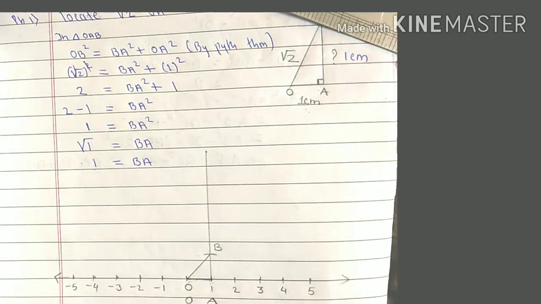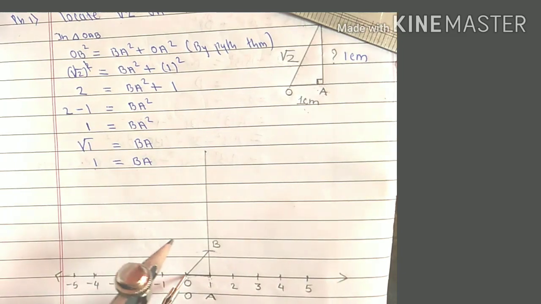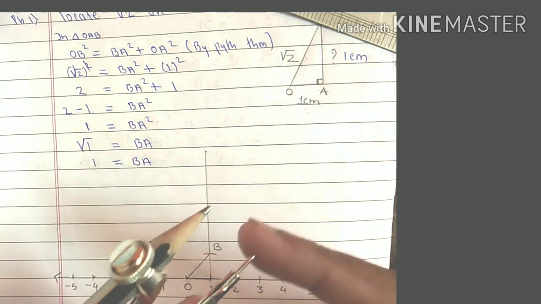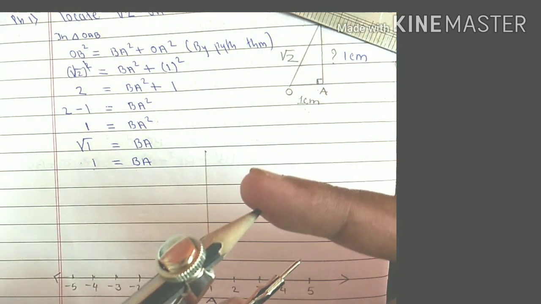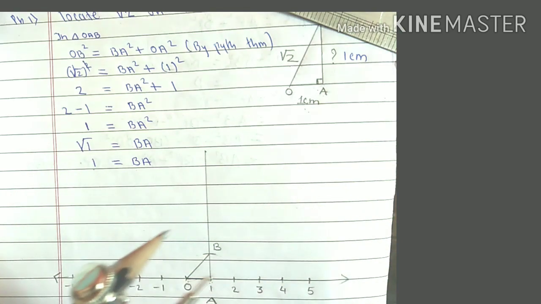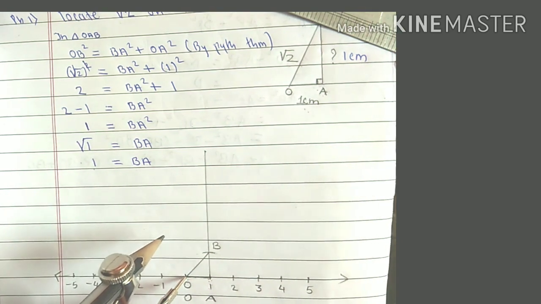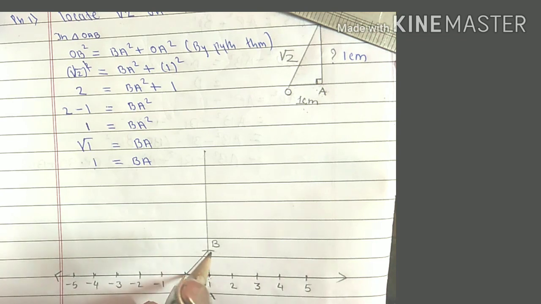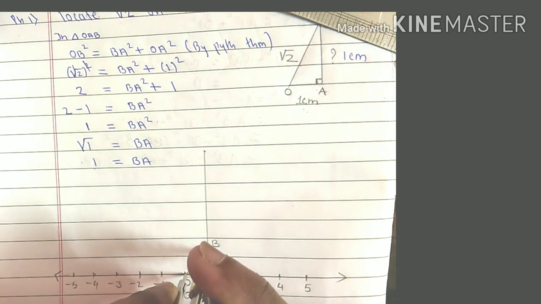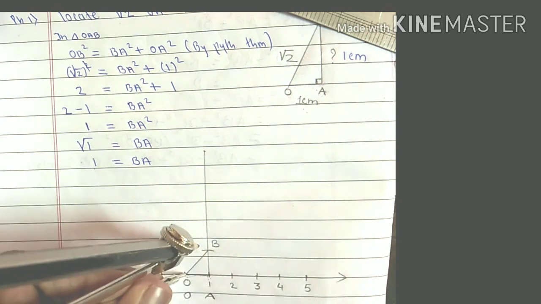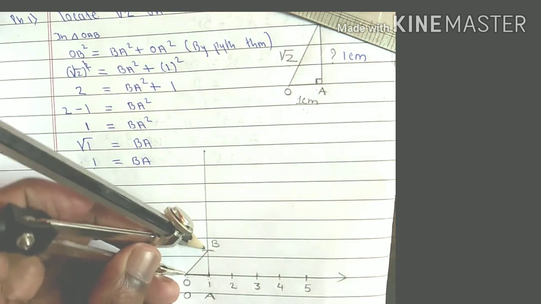What we have to do is take help of this compass. This is your pointer tip, this is your pencil tip. Keep this pointer tip on O. Measure this OB.